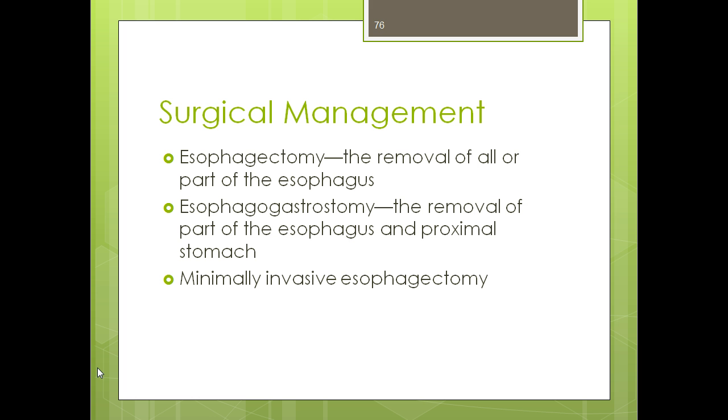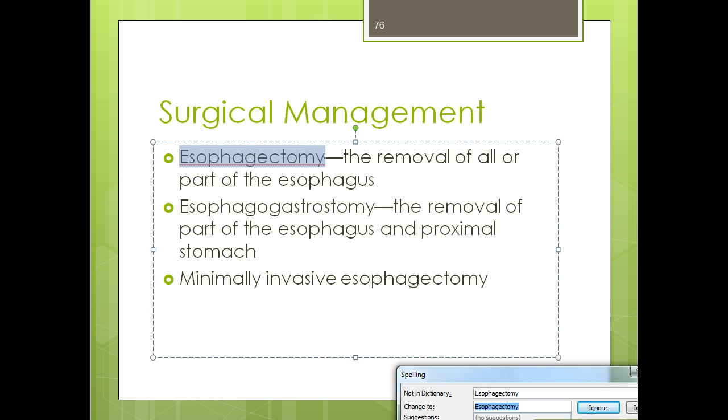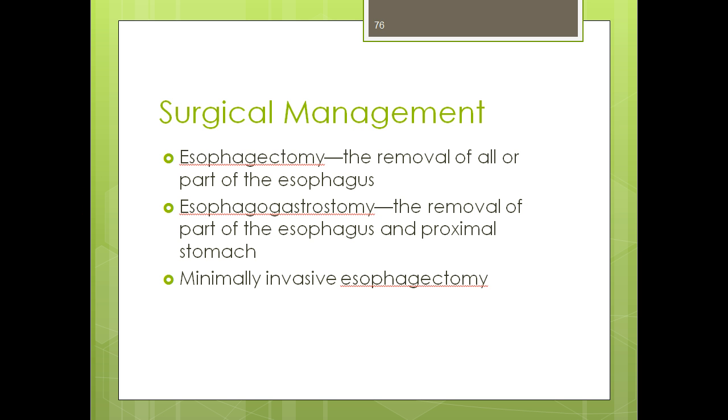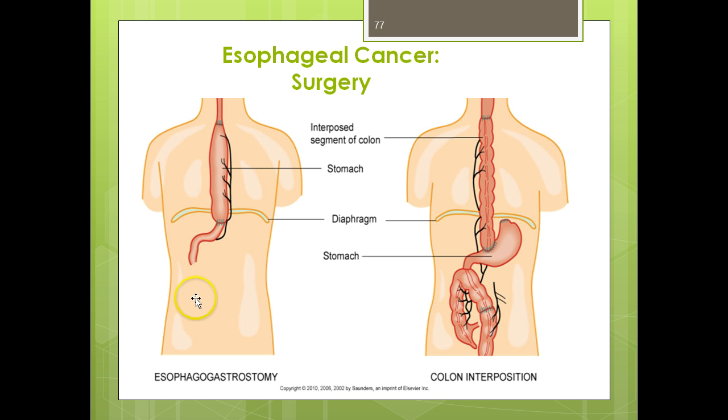And then they can do a minimally invasive esophagectomy. So it depends on the extent, and how far it has spread, whether or not a person has problems. Right here is just a picture of how the surgery would occur.